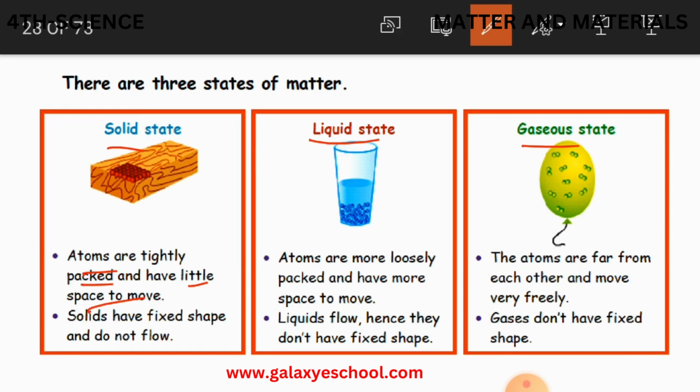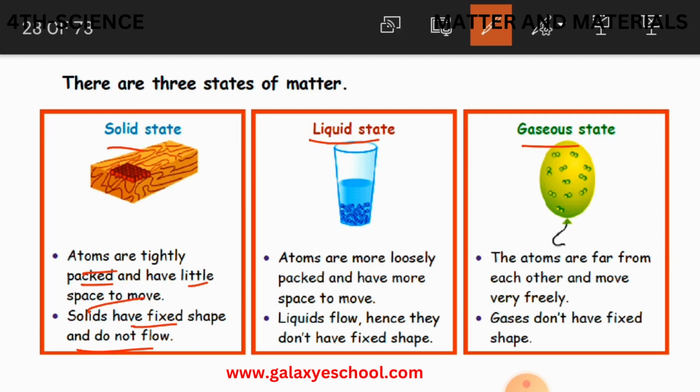No. In the same way, atoms in a solid are packed very tightly with very little space to move. Solids have a fixed shape and do not flow. For example, a book is a solid object. Will it flow like water, children? No, because it is a solid material.